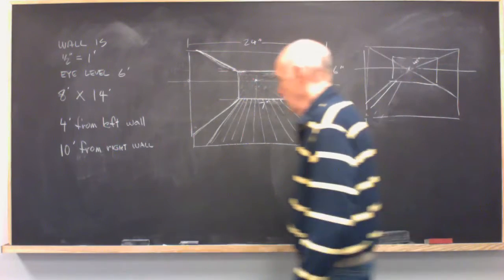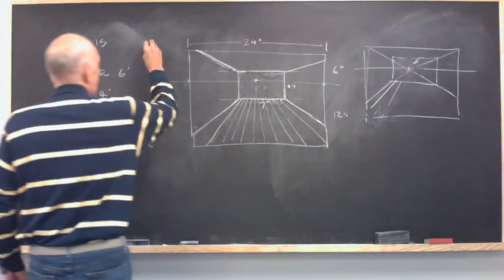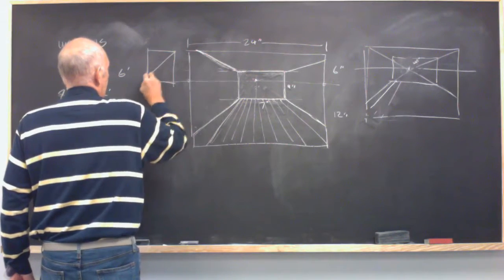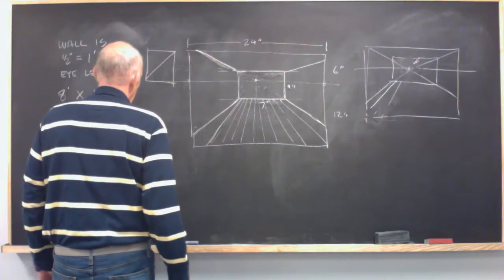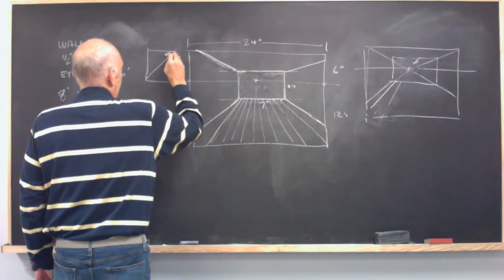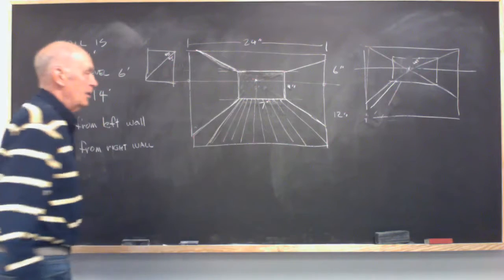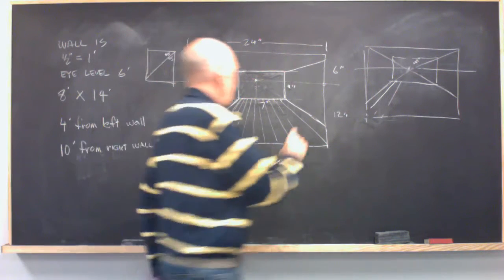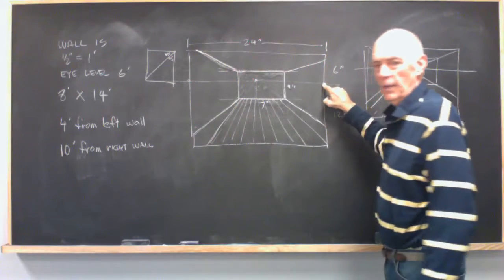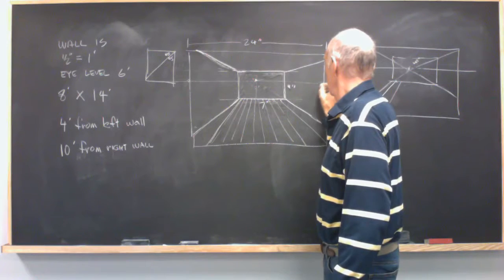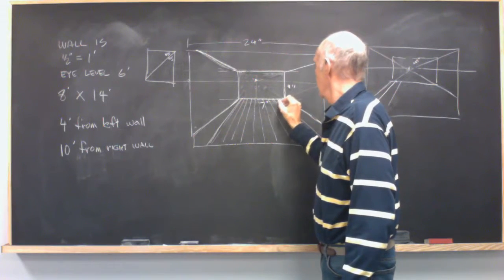Now, I'm going to use this neat little trick. If you have a square and you draw a diagonal in the square, it divides this into 45 and this into 45. Do we have anything in there for 45? Yes, we do. This line right here, this is the 45-degree angle vanishing point. So we go through this corner over here, either corner, doesn't matter.